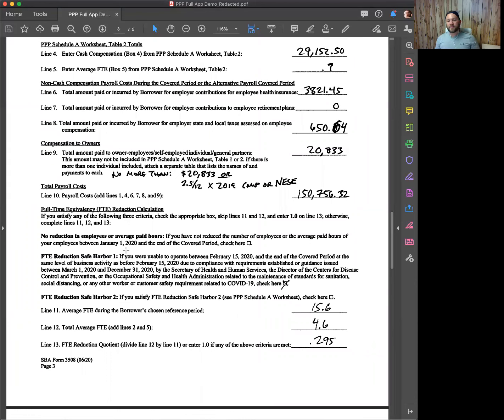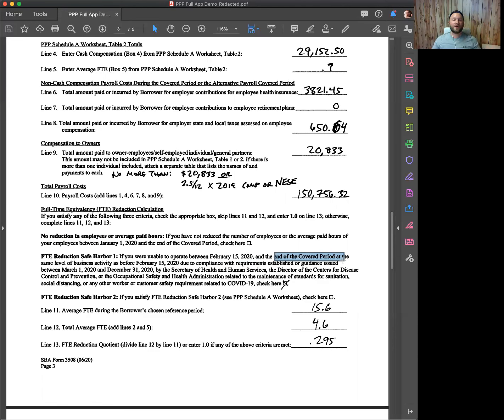If you were unable to operate between February 15th and the end of your covered period at the same level of business activity as before February 15th, and the reason for that was you were complying with requirements established or guidance issued sometime between March and the end of this year by HHS, the Health and Human Services, the CDC, OSHA, right?